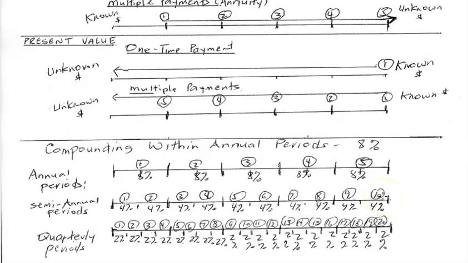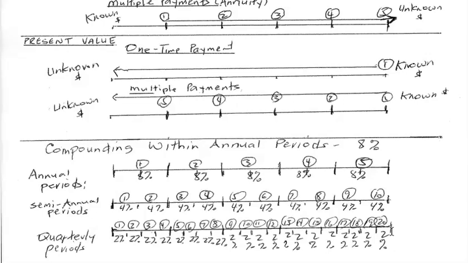We're going to have 10 periods, and that 8% is going to be broken down into half of those periods. So 8% divided by 2 is 4%. So when we do the calculations on semi-annual periods, we're going to have what? 10 periods at 4% compounding per each one of those 10 periods.